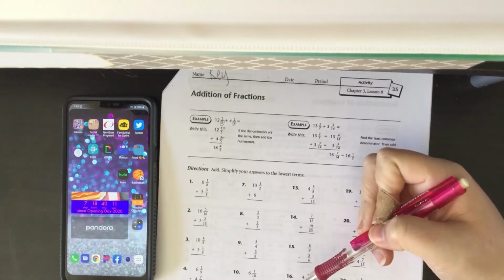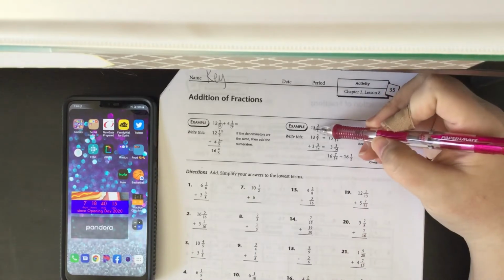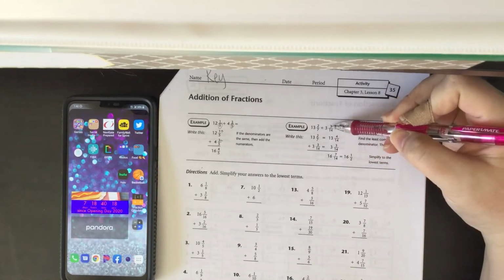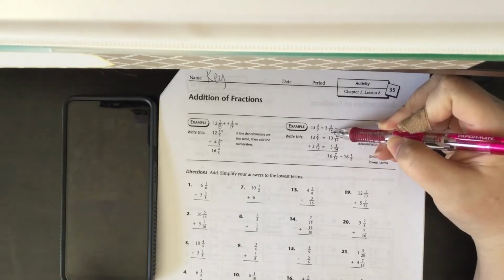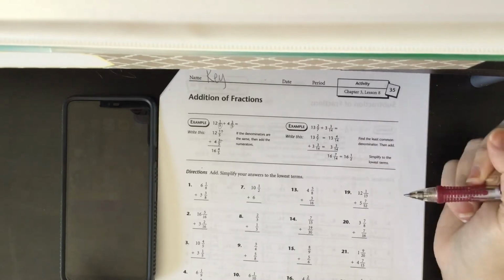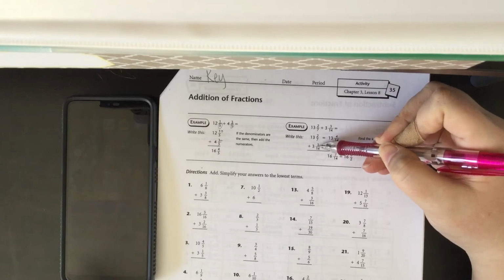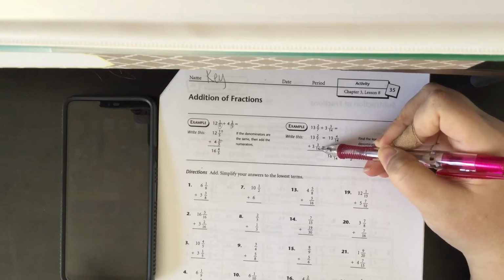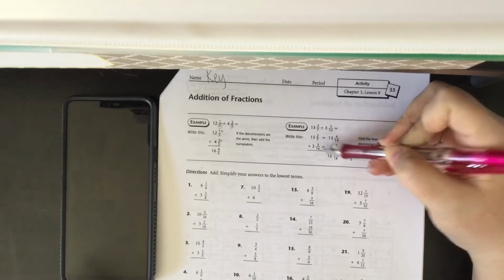Okay? In example number 2, it gets a little trickier. We're taking 13 2/7 plus 3 3/14. These do not have the same denominator yet, okay? We need to find the common denominator. When you look at 3 3/14, we always want to see, does the 7 that we need to change go into 14?